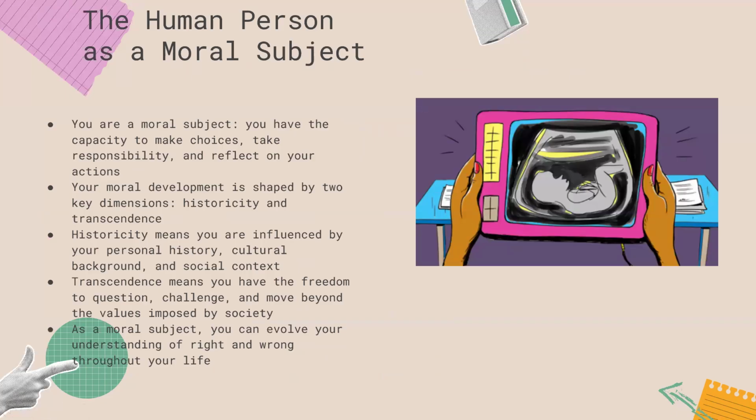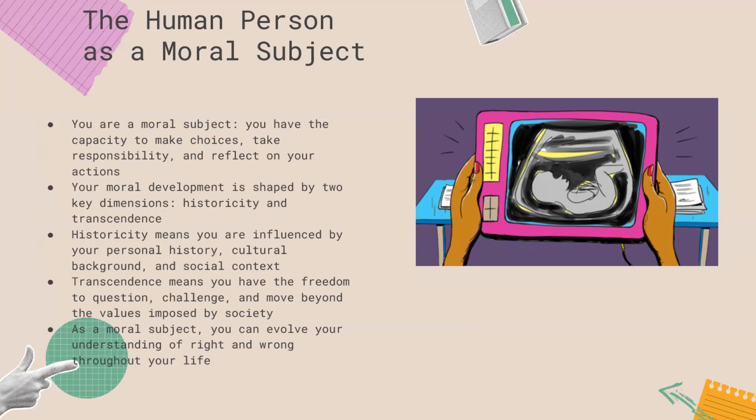Here we got the human as a moral subject. Do you remember something about this? The human person as a moral subject? No. Okay, very good. Don't worry. So we can say that a person is a moral subject when that person has the capacity, right, to make choices, take responsibility, and reflect on their actions. Let's see an example.